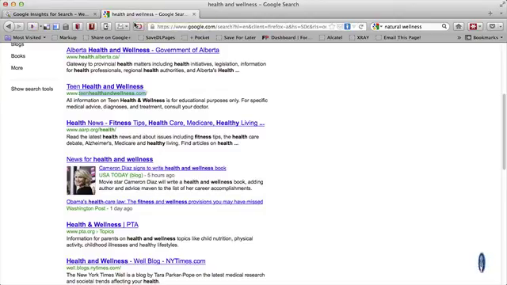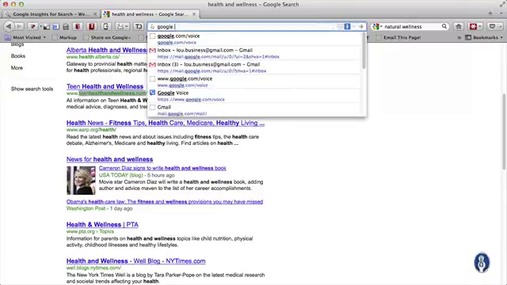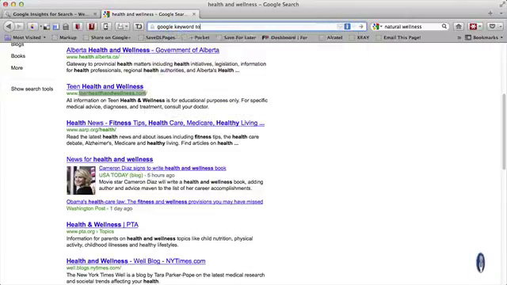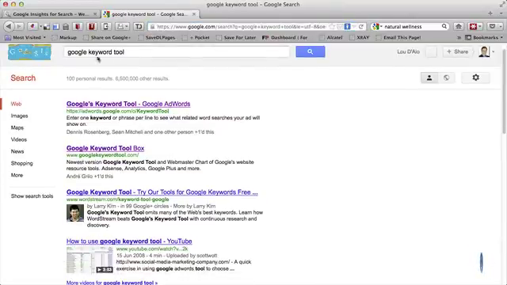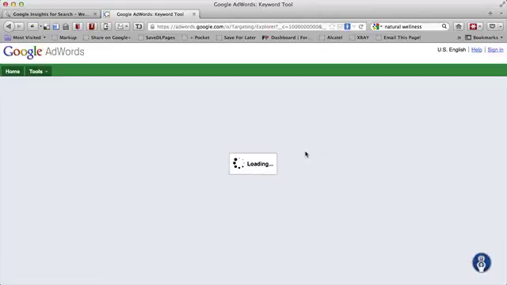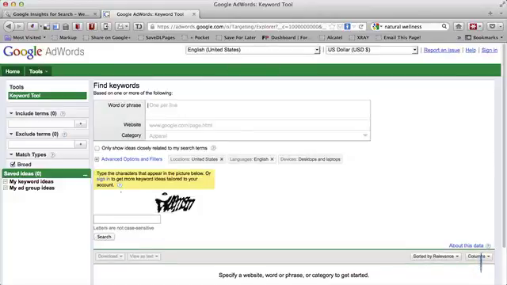The other thing you want to use, when you're looking for the keywords to put into this, is the Google keyword tool, which you've probably used somewhere along the line. It's a long URL, so I always just Google for Google keyword tool and type it in here. Now, some people say, I don't really know what keywords I want to use.